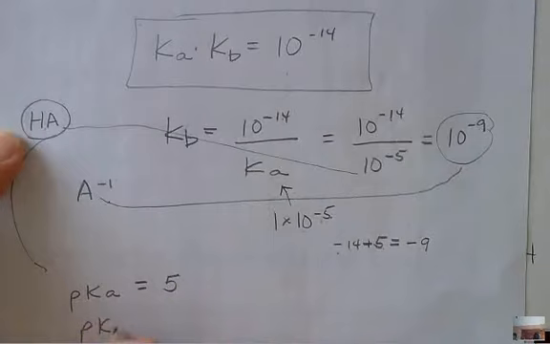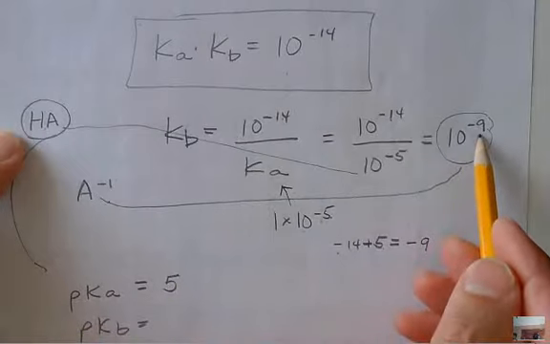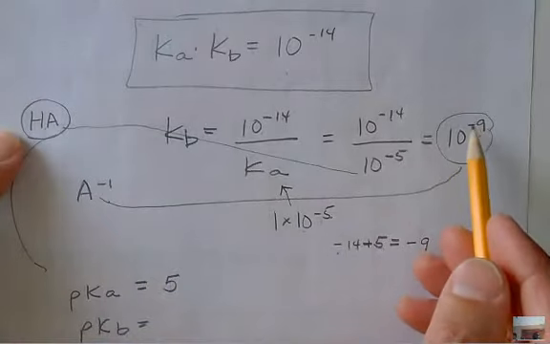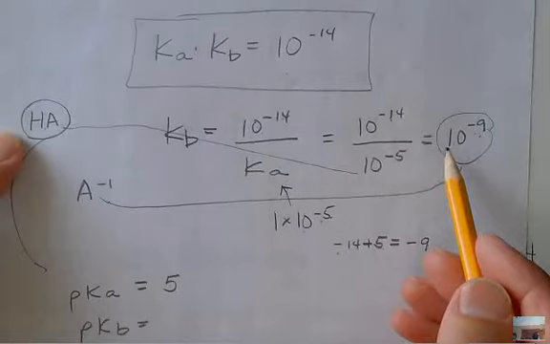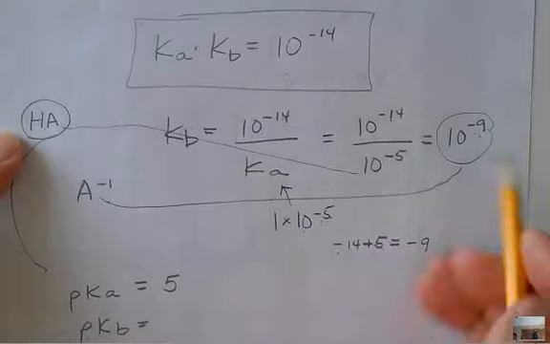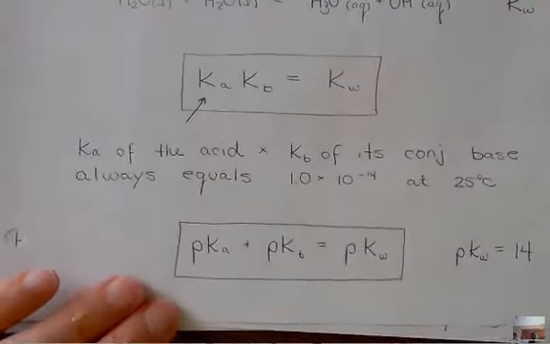The pKb of our base over here with 10 to the minus 9 would be 9, because I take the log of 10 to the minus 9, I get minus 9, and then I drop the negative sign, because whenever I take the p of something, it's minus the log of that number. So this guy comes out to 9. And we know 5 and 9 equals 14, so we've just proven this.